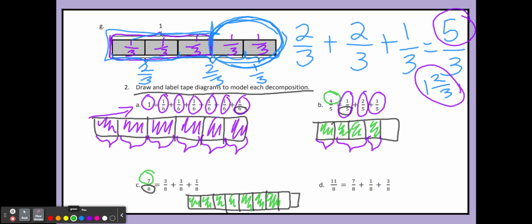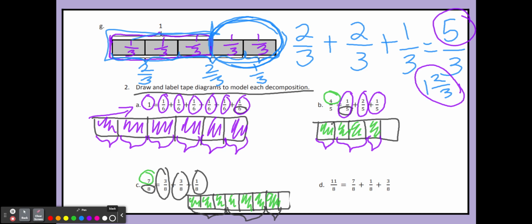All right, so I drew an extra one. Okay, so then for the brackets, we have 3/8 plus 3/8 plus 1/8.